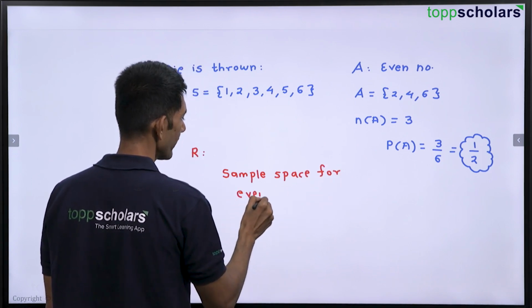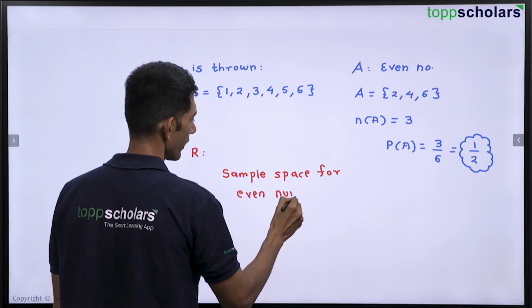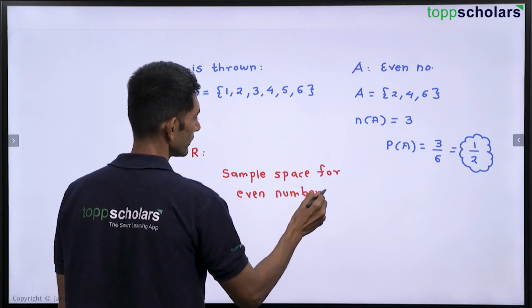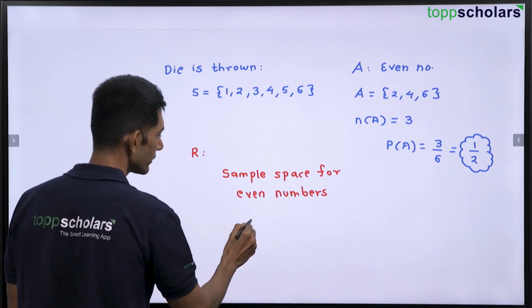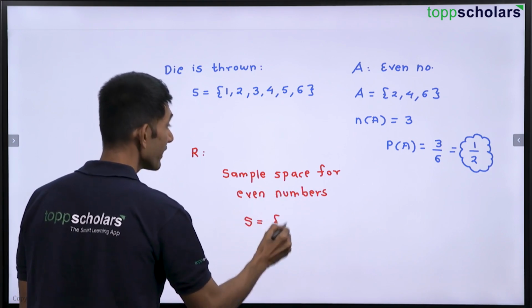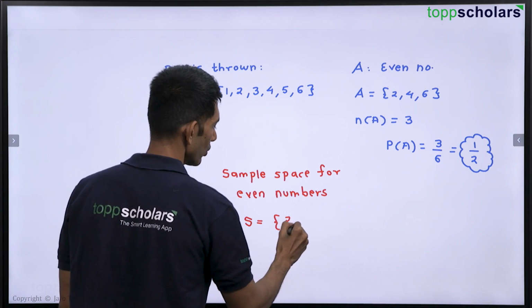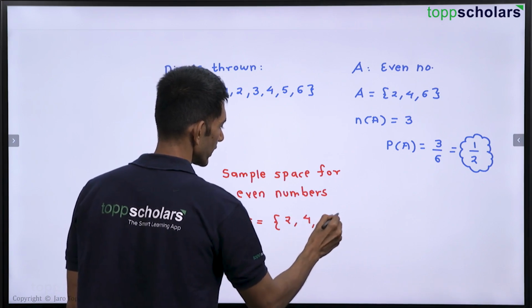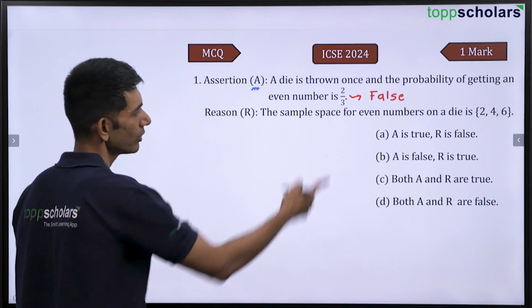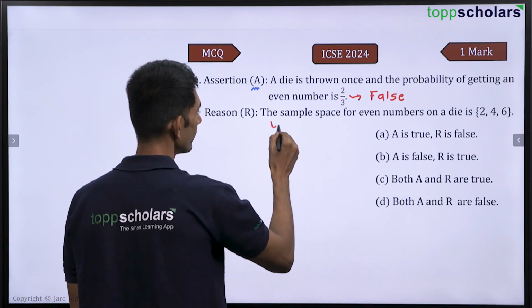So if I have only even numbers, then what all numbers will come in the sample space for even numbers? 2, 4, 6. Let us check. 2, 4, 6, yes. That means this is true.